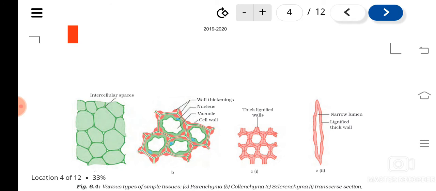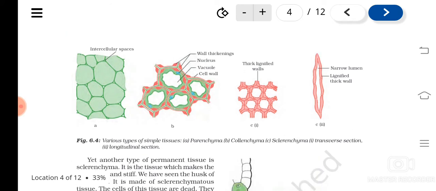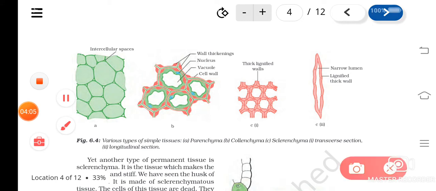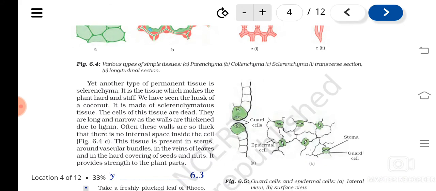But in collenchyma, how is it? It is only in the corners. Okay, the extracellular thickening is found only in the corners. And in sclerenchyma it is seen uniformly, in all the sides of the cells. Is it clear? So, sclerenchyma is a dead tissue also. It's a dead tissue. Understood?